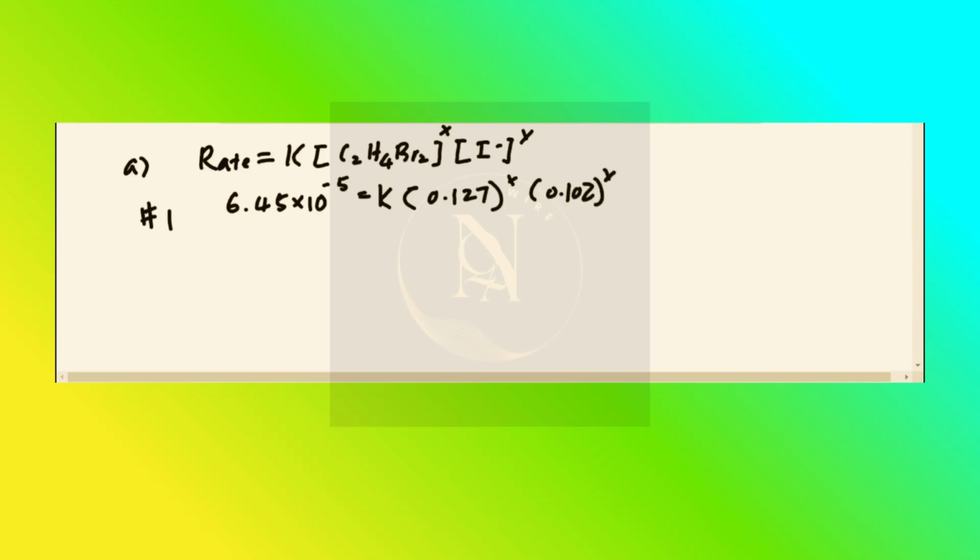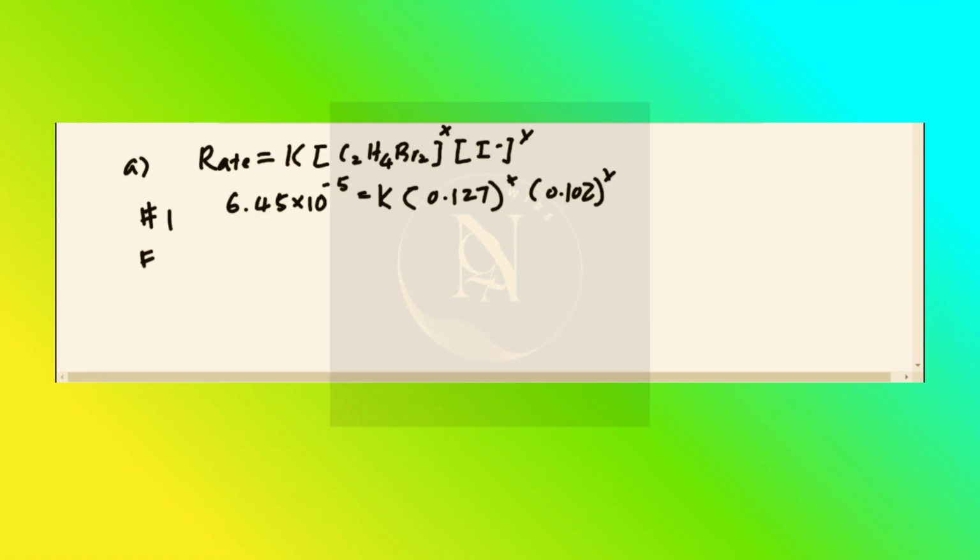0.127 and 0.102 are the initial concentrations, and x and y again are the orders we need to determine. And again, right here, k is a rate constant.